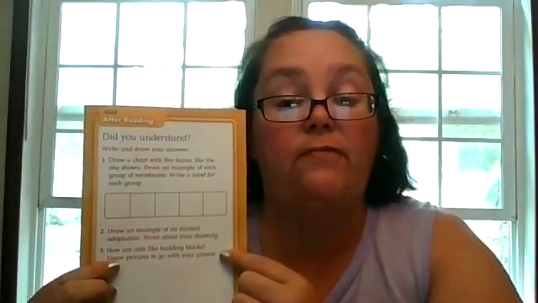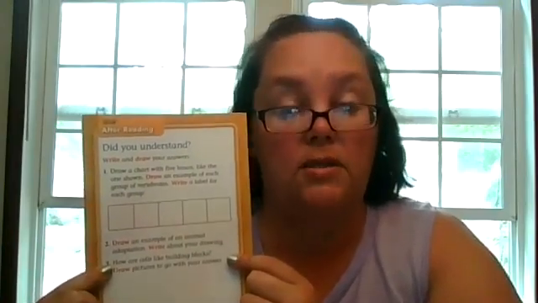This was the very first thing that we read in this booklet. So go back to the beginning of the booklet where it talks about how cells are similar to building blocks. And you're going to draw a picture to go with your answer of how they are similar.